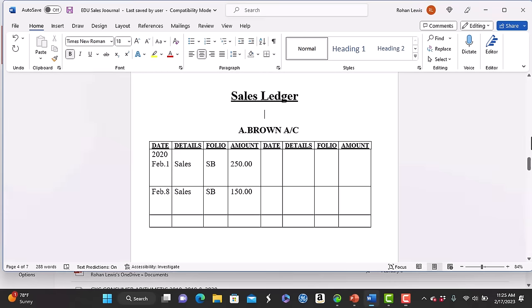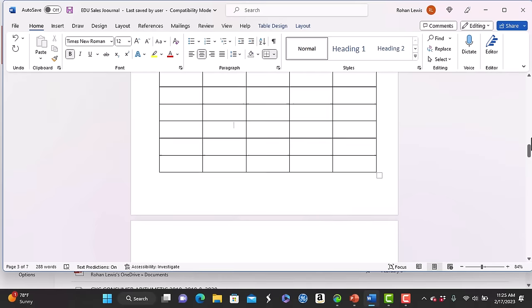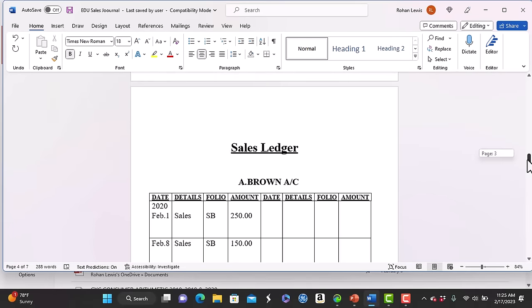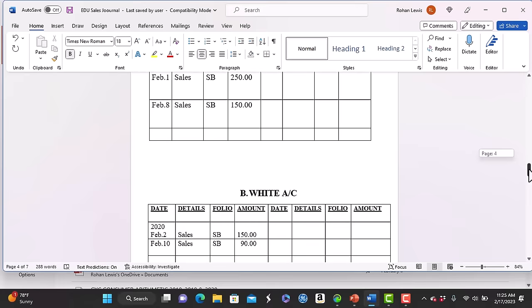Then we move down the line to B White's account. So in B White's account, there were two transactions for the period under consideration. February 2, sales SB folio and the amount 150. On February 10, the detail sales folio SB, the amount 90.